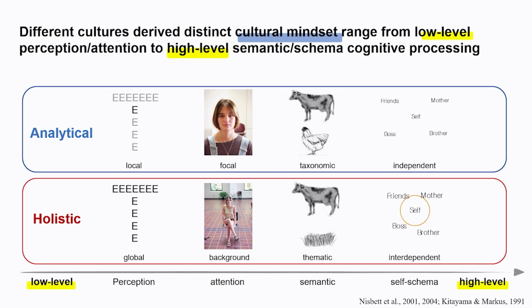For example, if I ask you which two of the cow, the chicken, and the grass are more closely related, Westerners may think the cow and the chicken are more correlated because they are both animals. But Easterners represent concepts based on their relationships, so they may think that the cow and the grass are more closely related because cows eat grass.